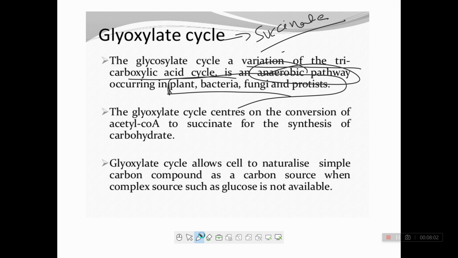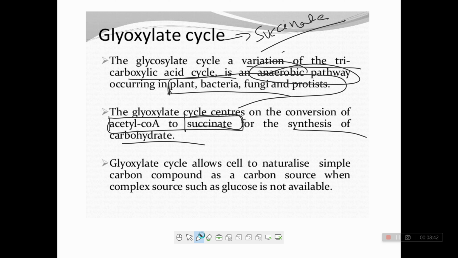Next, the glyoxylate cycle centers on the conversion of acetyl coenzyme A to succinate. Already I told you the aim of the glyoxylate cycle is the formation of a succinate molecule for the synthesis of carbohydrate. The glyoxylate cycle allows cells to utilize simple carbon compounds as a carbon source when complex sources such as glucose are not available. Understand?